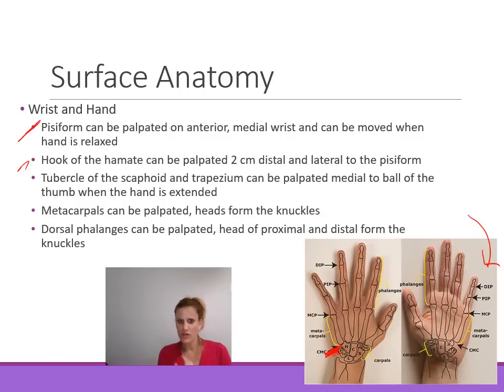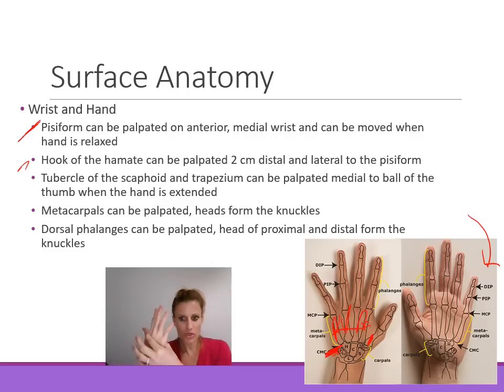The metacarpals are easily palpated. So you've got 2 rows of carpals, 8 carpals, and then these are your metacarpals, enclosed in the hand, metacarpals 1 through 5. Number 1 is the thumb, and 5 is the pinky. So 1, 2, 3, 4, 5, and you can feel them really easily.